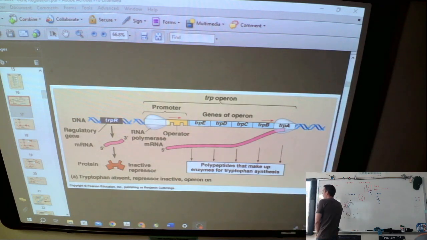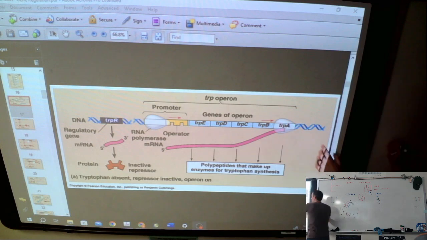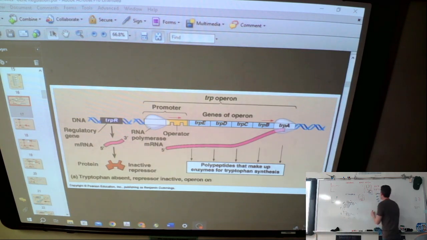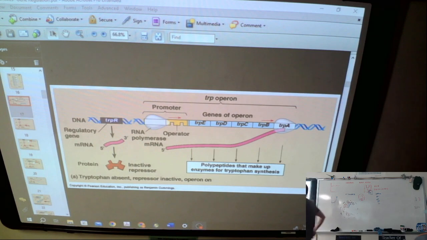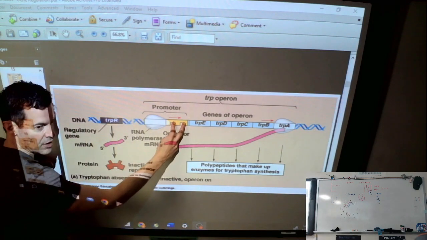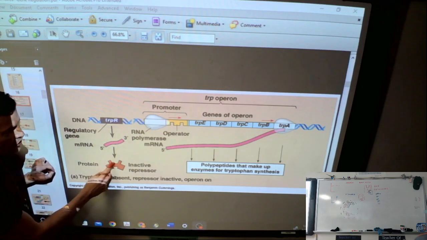Okay. All these genes right here are making tryptophan. What's going to tell me to quit making tryptophan? Tryptophan. So how do you think I get this repressor to shut down tryptophan production? What's going to tell this guy to shut it down?